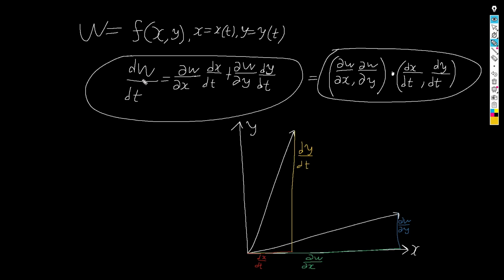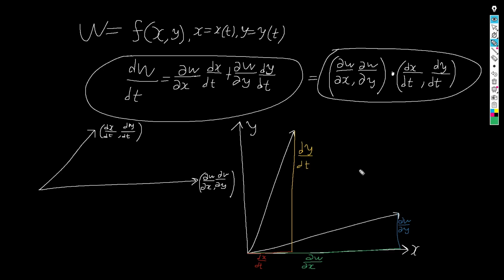So this derivative is really just a dot product of these 2 vectors, or in other words, it's just the norm of the orthogonal projection of either of the 2 vectors onto the other.